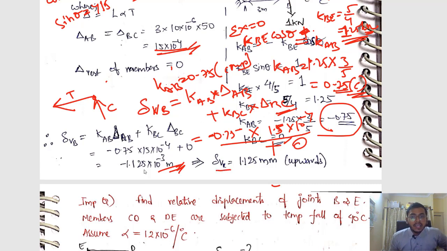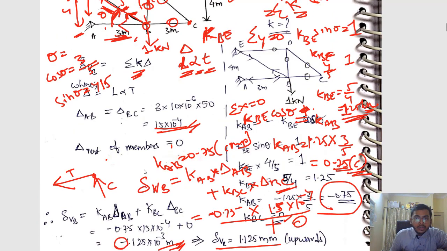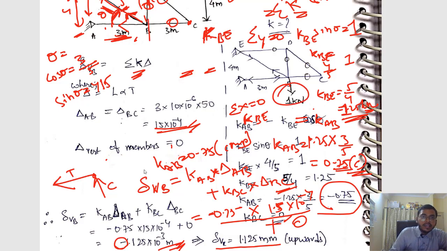Therefore my deflection is 1.125 mm, and as the minus sign is given, it will be in the opposite direction of the applied load. I have applied the unit load, you can see in this diagram also. I have applied 1 kilonewton in the vertically downward direction, but I got a minus value.